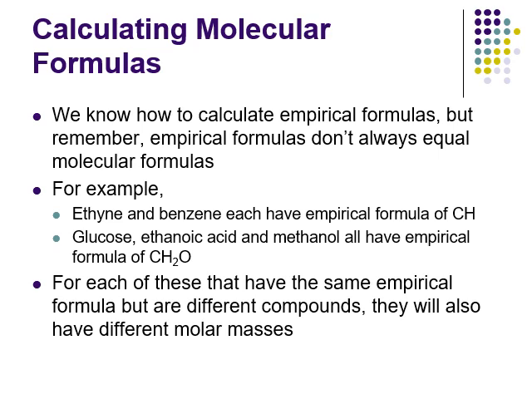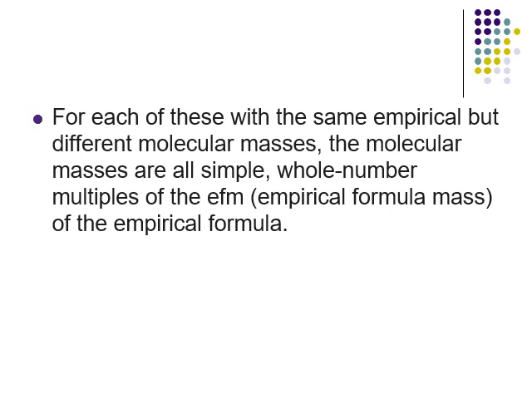Now the trick is that they will all have different molar masses. So if you have two compounds that have the same empirical formula, but they have a different molar mass, their molar masses will be a simple whole number multiple of what is called the EFM, or empirical formula mass. Now, what is the empirical formula mass?